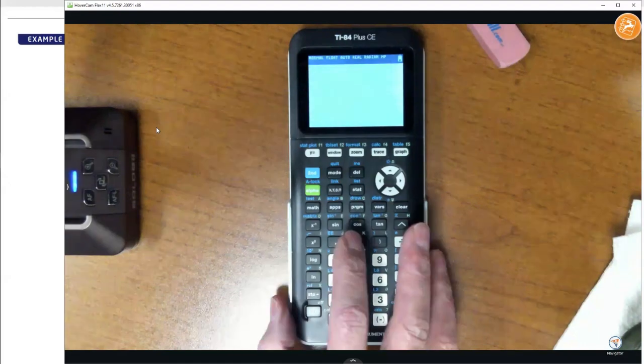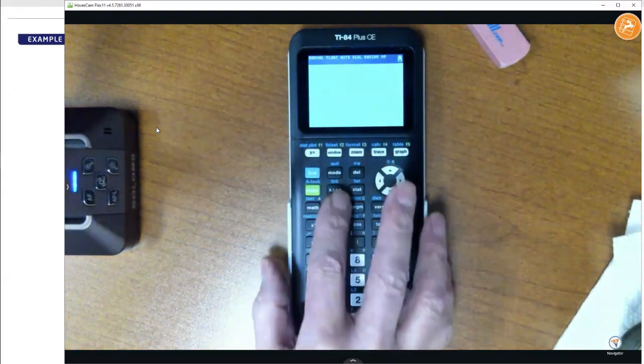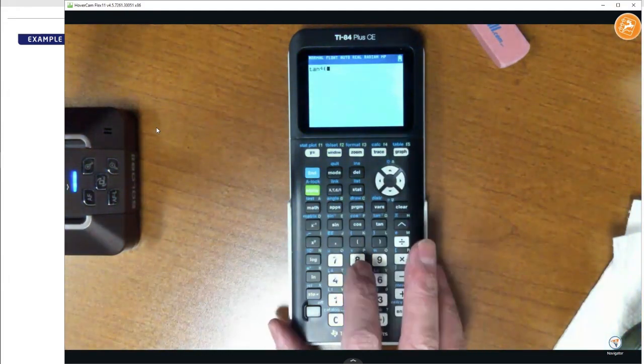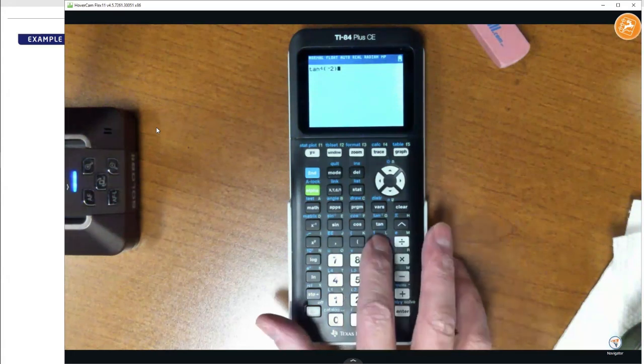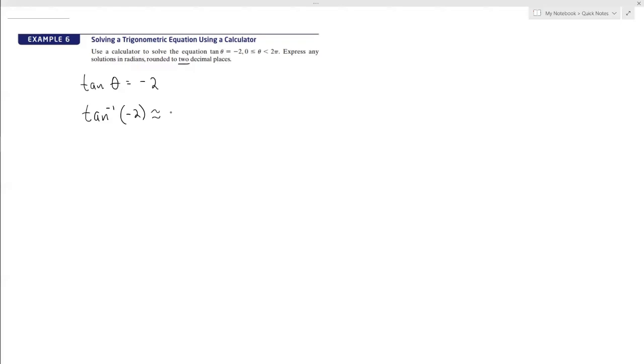Okay, so first make sure that your mode is set to radians. And then we'll just take an inverse tangent of negative 2. Okay, so rounded to 2 places, we're going to get negative 1.11. Okay, and now we have to figure out where between 0 and 2 pi do we have solutions.